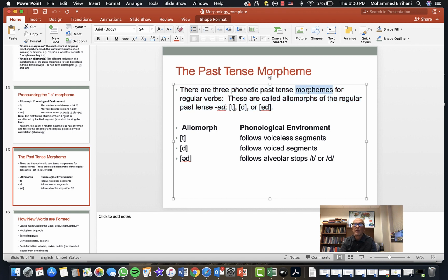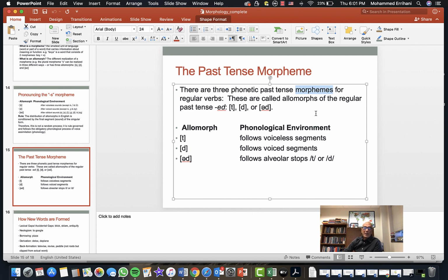But anyways, the past tense ED is the morpheme itself, but the three different realizations of that morpheme are called allomorphs. So you have t, d, and id. The allomorphs depend again on the last sound to which it is attached.